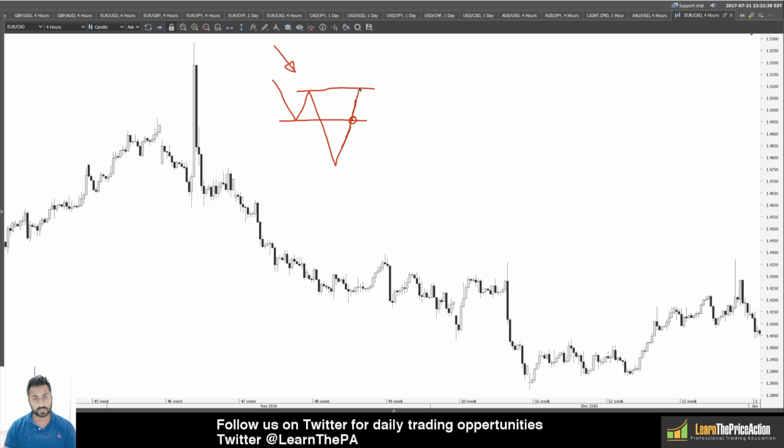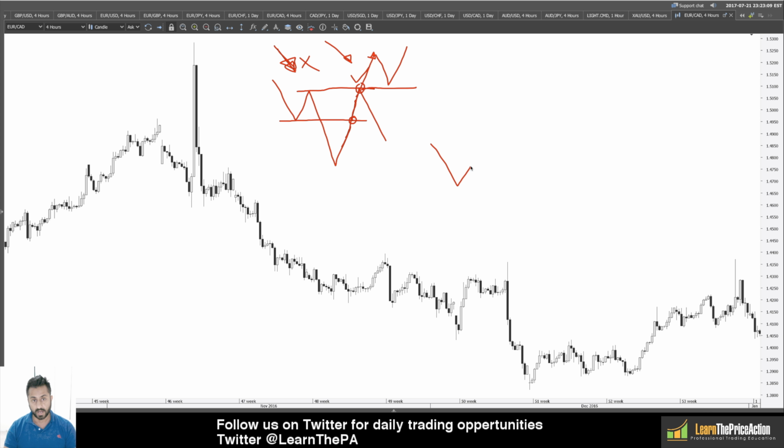If it comes here and reflects, that is still valid. That means you're still in the seller's category. Okay, but if for any reason you do not reflect from here, but you go past this and then come back here and then go up, that means the downtrend that was there before has ended.